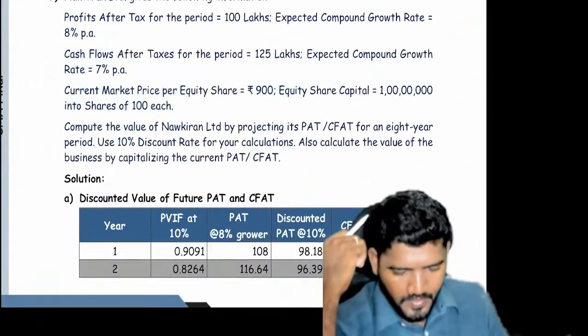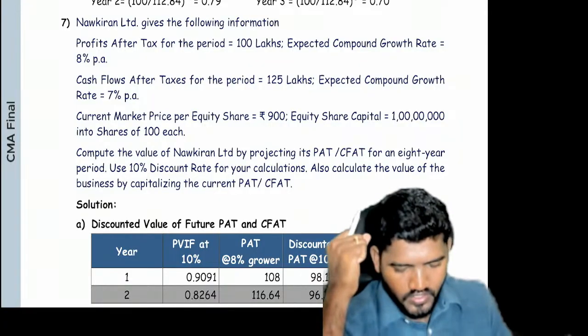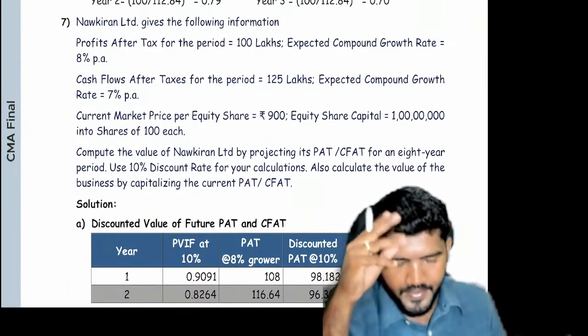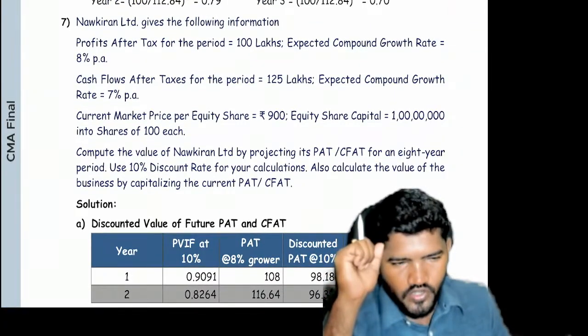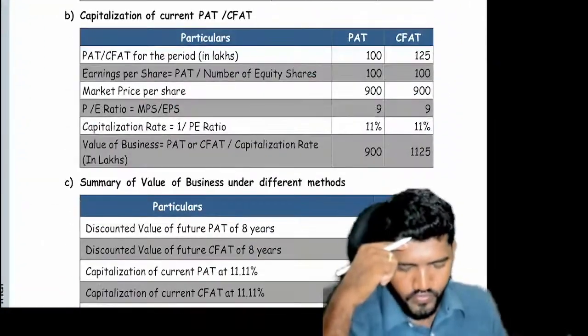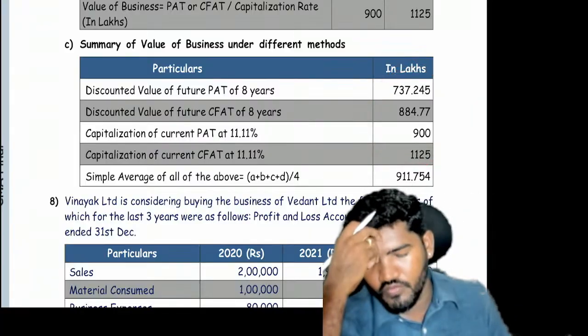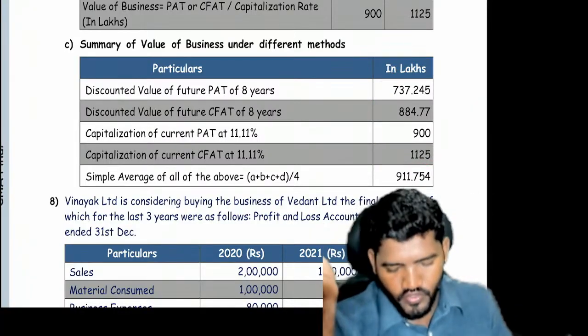Put a star for that problem. This illustration number 7 is another easy model. In this illustration number 7, you have a discounted cash flow method as well as an earning capitalization method. You will get four answers. Out of the 4 answers, we have to pick only one. With the help of the average only, you will get it.